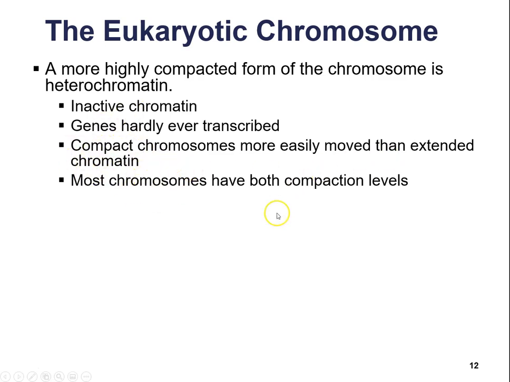When you think about the stages of mitosis, such as metaphase, and we're going to see a picture in a few slides, those chromosomes that look like X's are chromosomes. They're super compact, and you can actually see them as individual chromosomes. Most chromosomes have both euchromatin and heterochromatin.